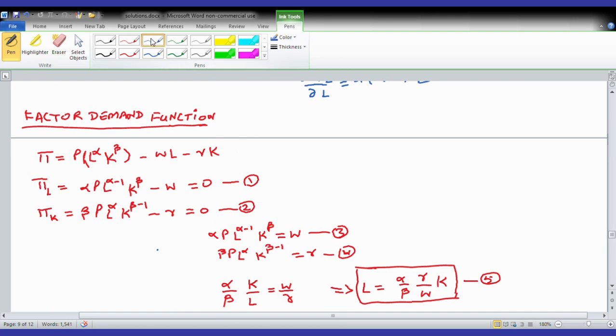Okay. So this is the profit function. See, P times profit actually is equal to P times... and this is totally not working.